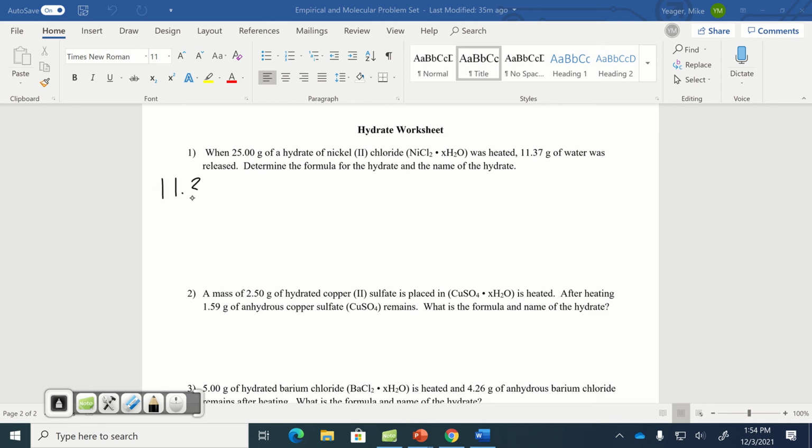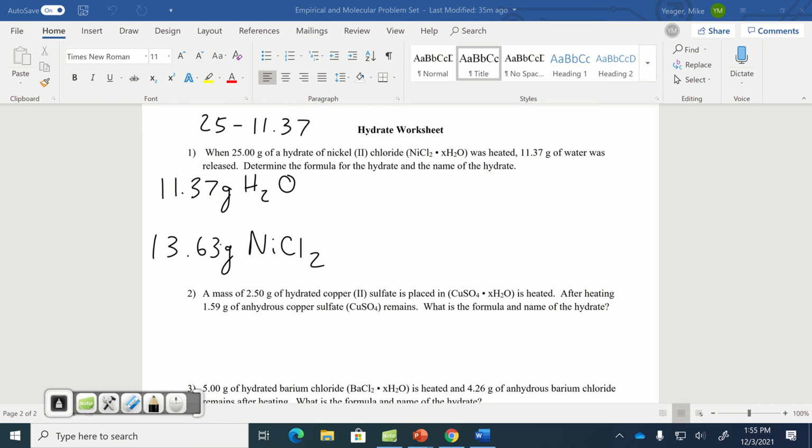So I know I have 11.37 grams of water. For my nickel(II) chloride, I have whatever's the difference between 25 and 11.37. Okay, which should be what? 13.63 grams. Okay, I believe that's right. Double check so I don't make a silly mistake. Okay, 25 minus 11.37. Yep.